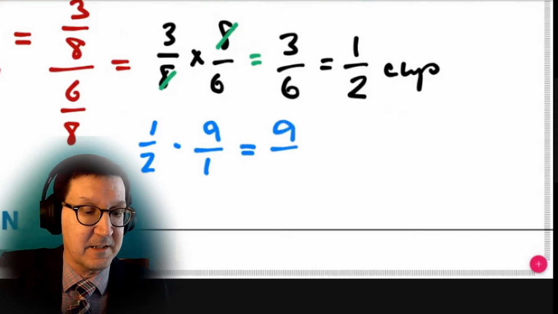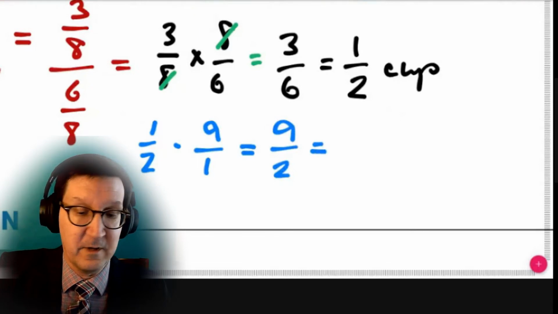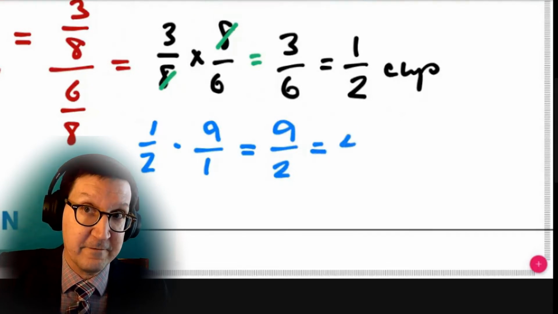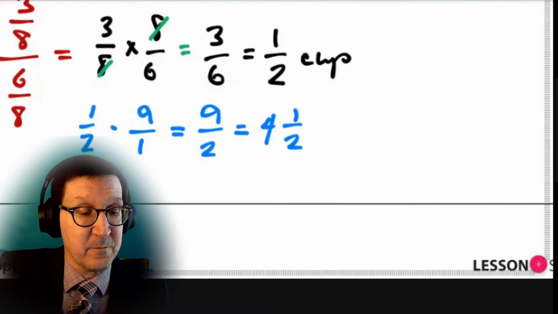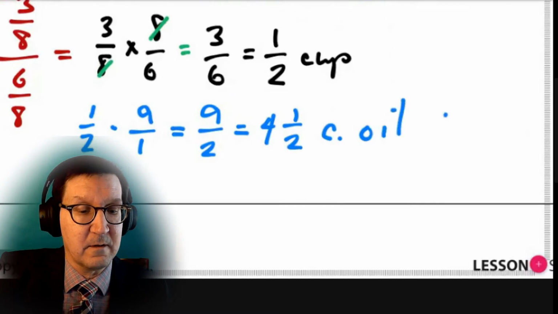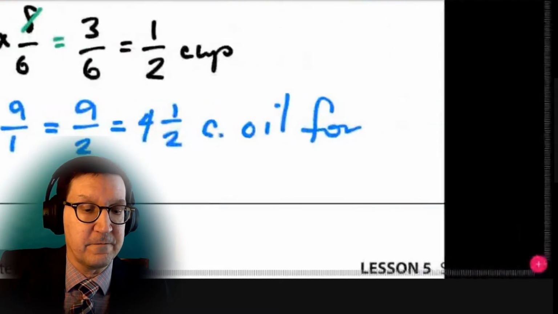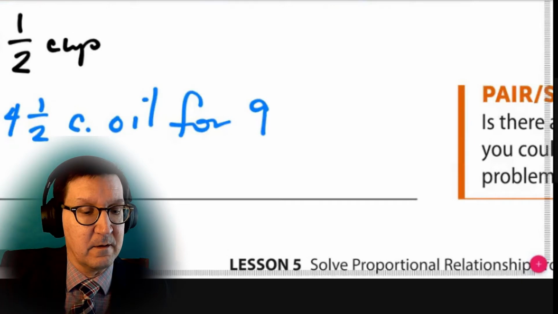That gets us 9 divided by 2, which is 4 1/2. So 4 1/2 what? 4 1/2 cups of oil for 9 cups of marinade.